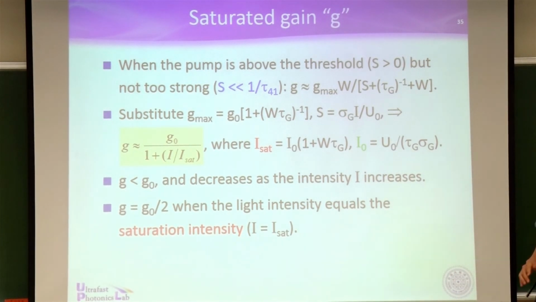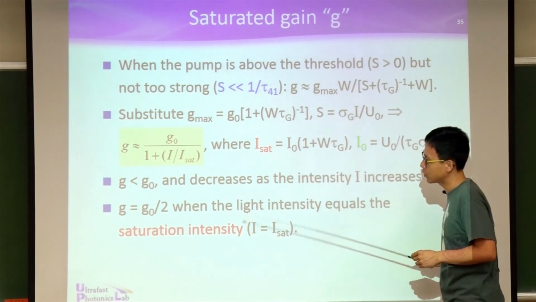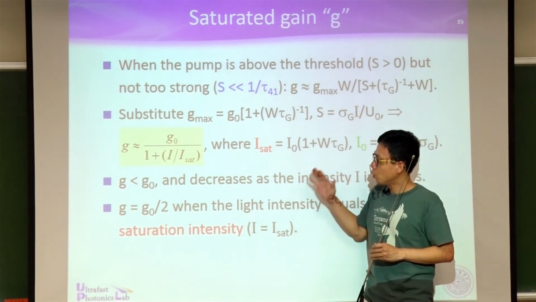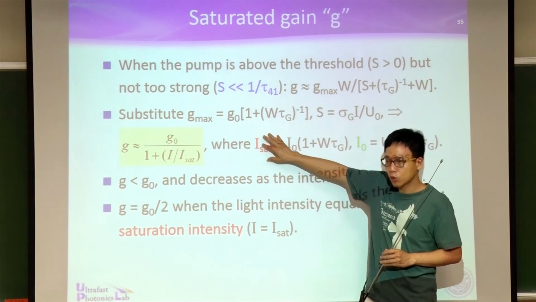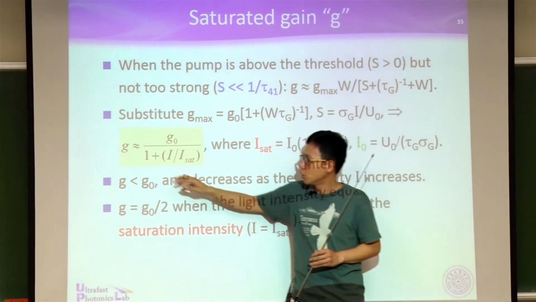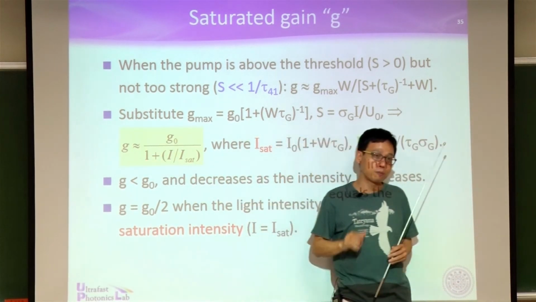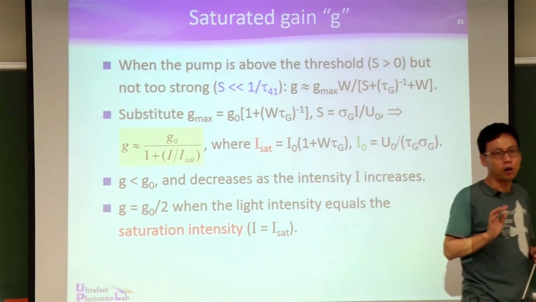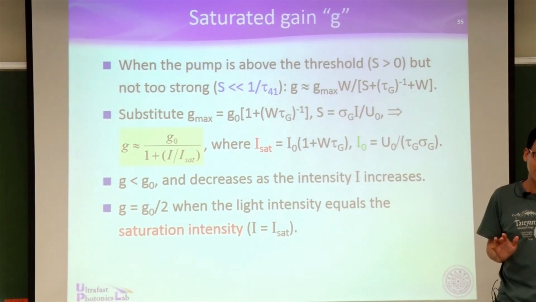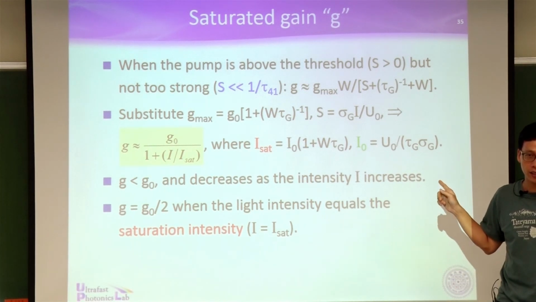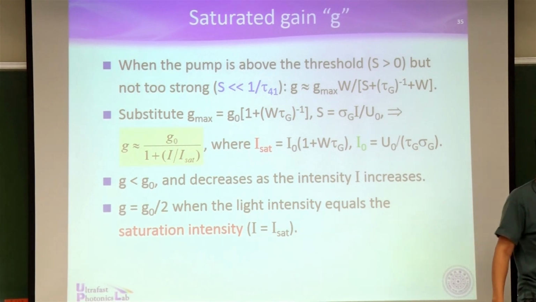So the physical meaning of saturation intensity is when the light inside the cavity equals this number, your gain is reduced by 50%. Or gain saturation is evident when light intensity equals saturation intensity.